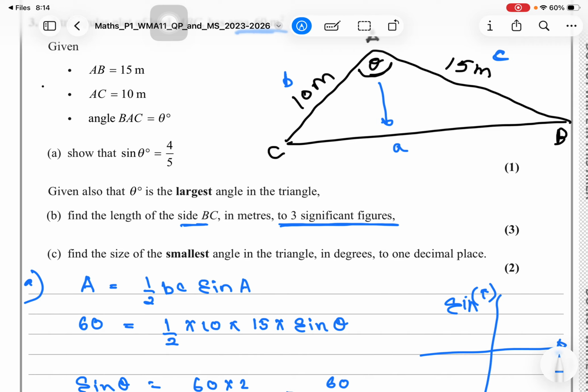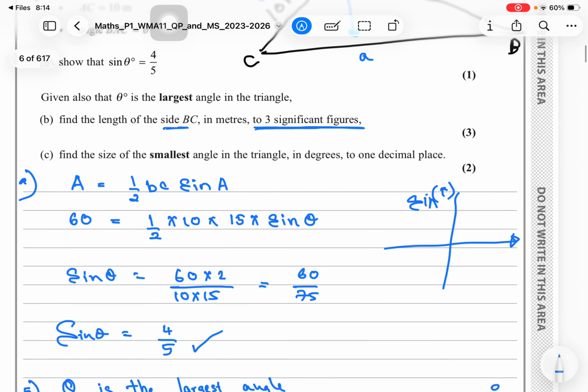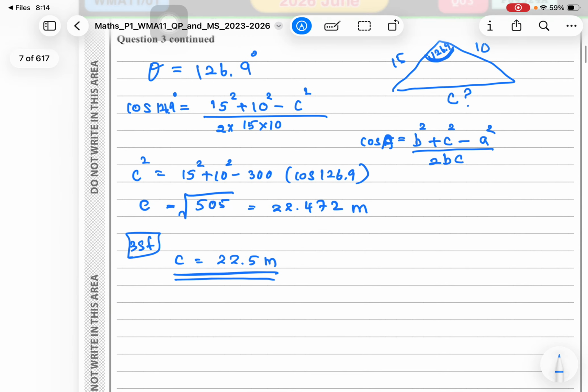Now we have quite a bit of data. We know this angle and everything. But now they are talking about the smallest angle of the triangle. The smallest angle corresponds to the smallest side.